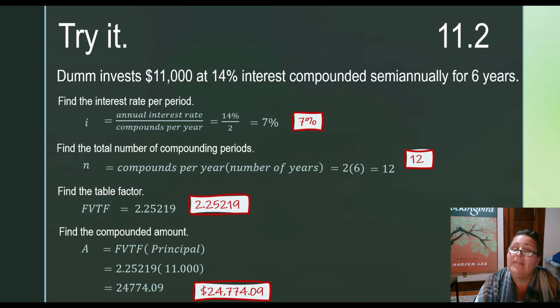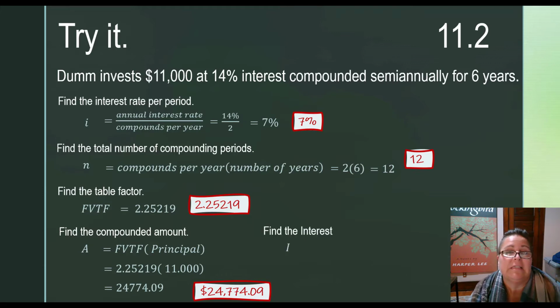He started with $11,000, and he gets $24,774.09. He's doubled his money. How much of that would be interest?